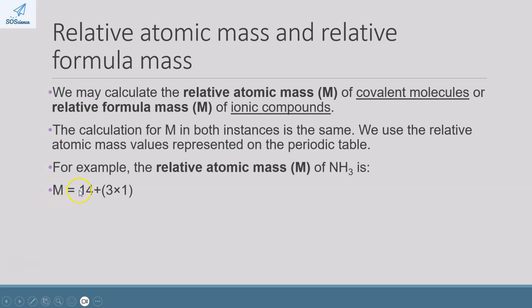Capital M is equal to 14 for nitrogen, plus 3 times 1, or you can write plus 1, plus 1, plus 1, and you provide a final answer in simply units. For now, we're going to use units. Later on, when we start doing stoichiometric calculations, we're going to see that it is actually measured in grams per mole. We're going to understand what grams per mole actually means.